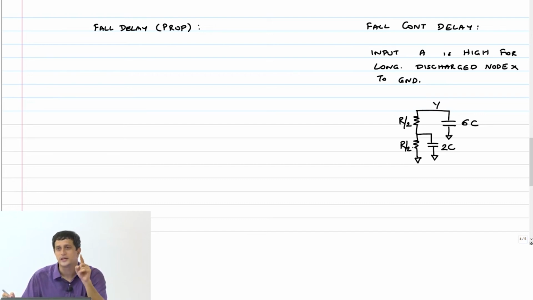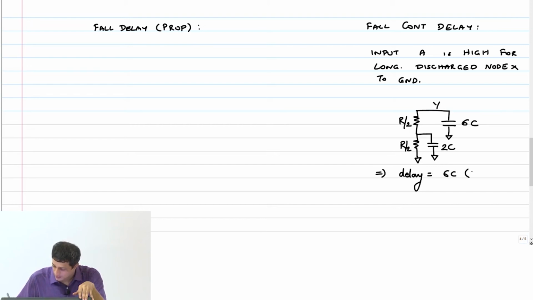The current still needs to go through that bottom NMOS transistor connected to A, and that still offers a resistance. It is just that the capacitance has already been discharged, okay? And therefore the net delay will be 6C into R by 2 plus R by 2, 6 RC, right?